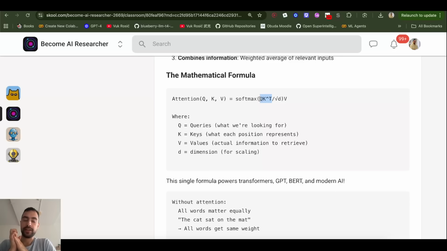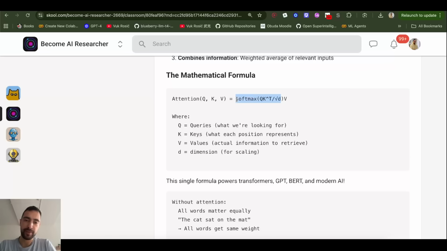A neural network learns better if the numbers are small, between 0 and 1, or maybe a bit bigger than 1, but not too much bigger. So that's why we divide by the square root of the number of dimensions of these keys or queries. For example, if queries have 500 dimensions, it's a vector 500 numbers long, you divide by the square root of 500, and key and query will have the same dimension.